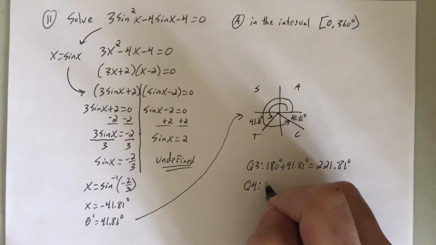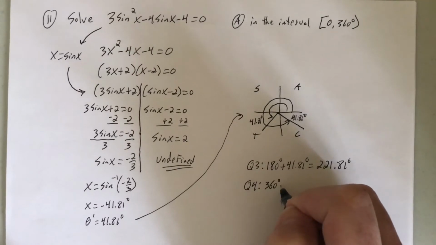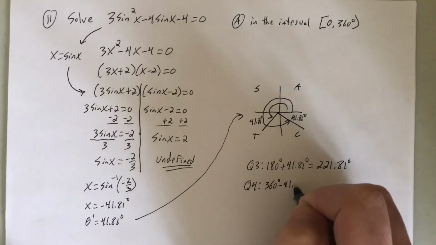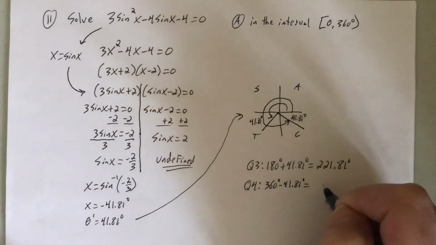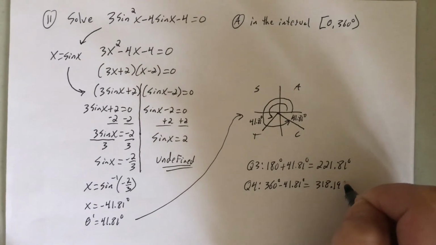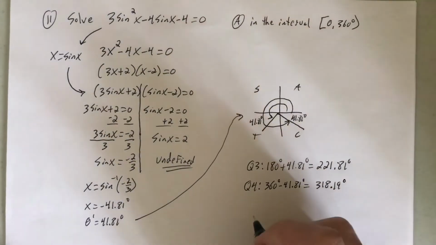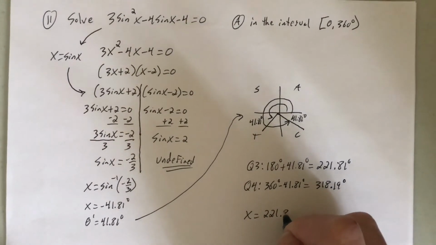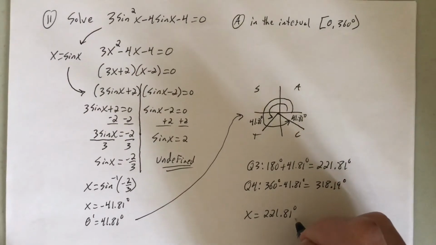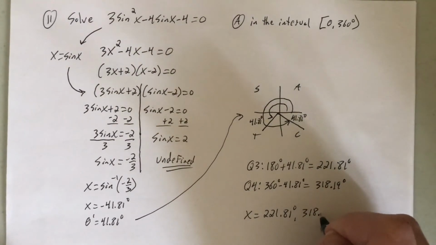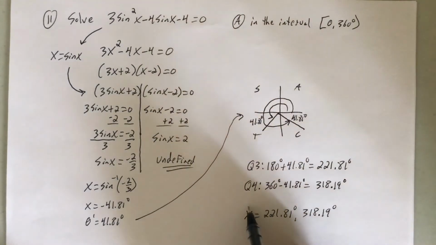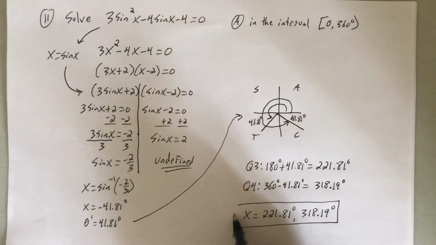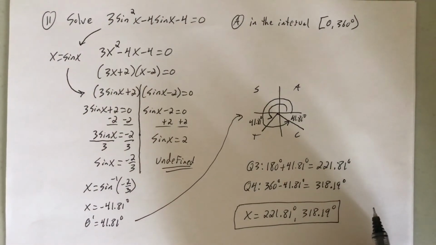So for quadrant 4, it's 360 degrees minus the reference angle, and that would be 318.19 degrees. So the answers are 221.81 degrees and 318.19 degrees. Those are our two answers for number 11.